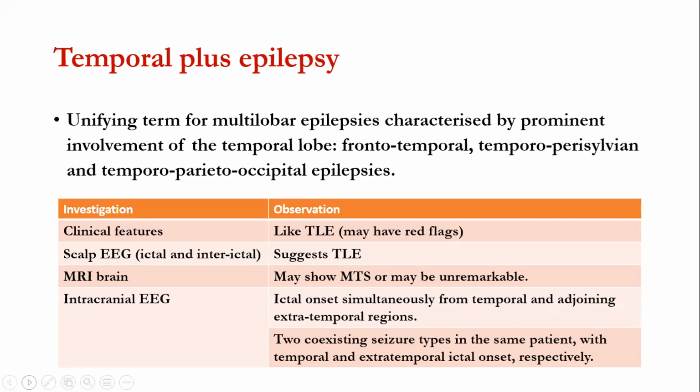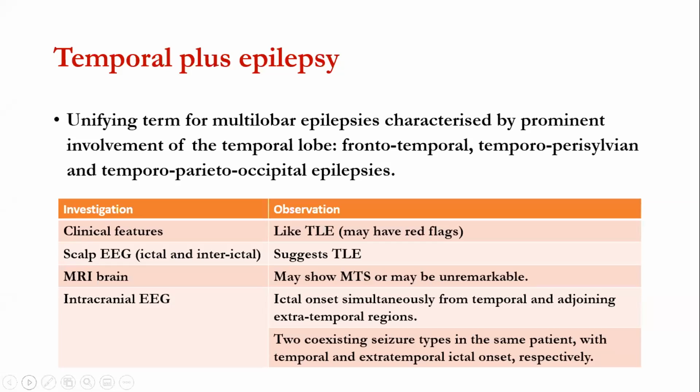So the clinical features can largely resemble temporal lobe epilepsy, but if you carefully ask questions, you will get some red flags, which Dr. Soumya and Dr. Shalini have mentioned. The scalp EEG will also suggest temporal lobe epilepsy, but again, you may see some ictal and interictal changes that will raise suspicion.